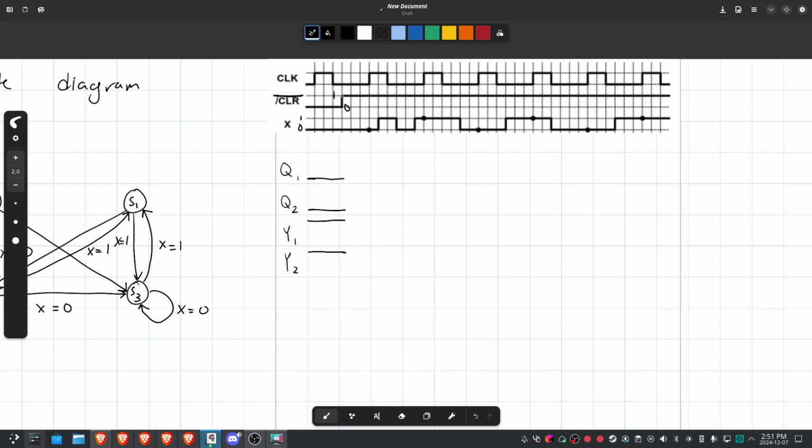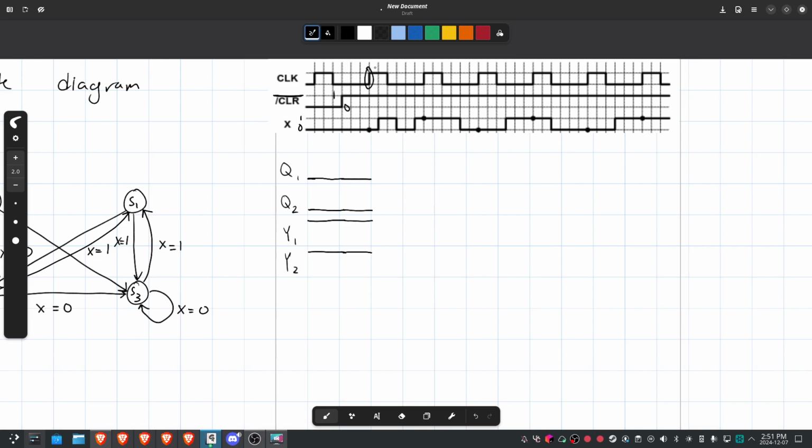And now clear is off, so now things can change. We just need to wait for the rising edge, because things don't change for flip-flops unless the flip-flops are activated. So Q1 and Q2 are going to remain constant, and so are Y1 and Y2.